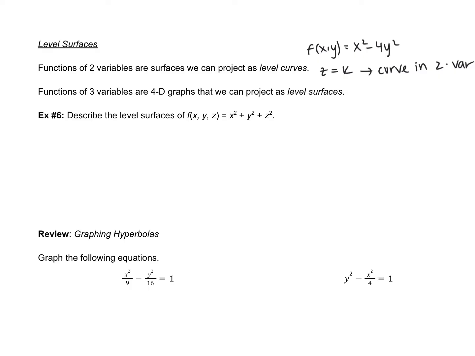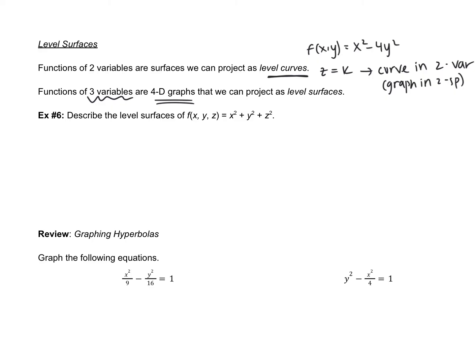So something that we could graph in 2 space. Because we graphed it in 2 space, it's called a level curve. Well, on the other hand, if we have 3 variables in our function, then we have what's called a 4D graph. So then what we get for our level surface is going to be something that's graphed in 3 space.